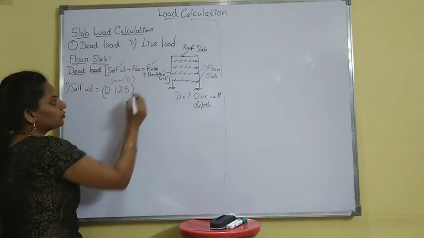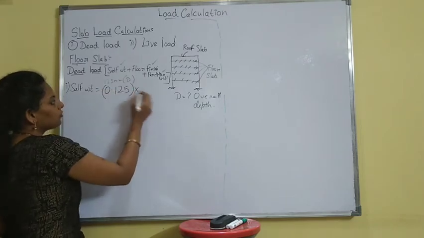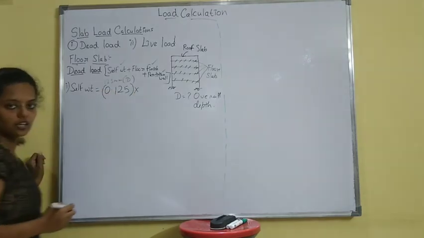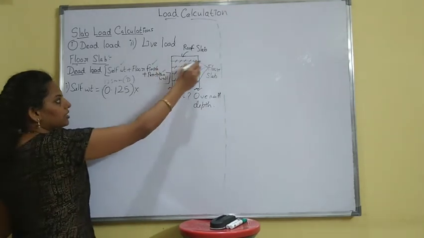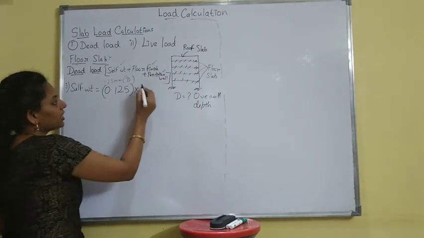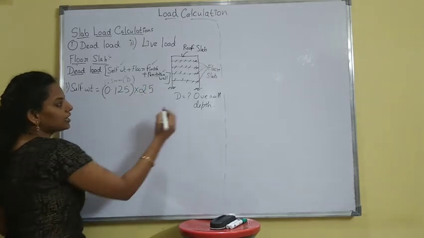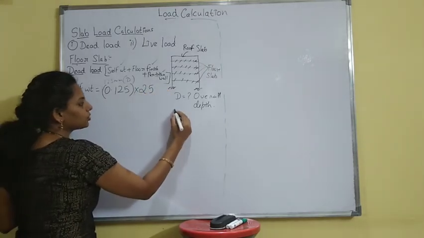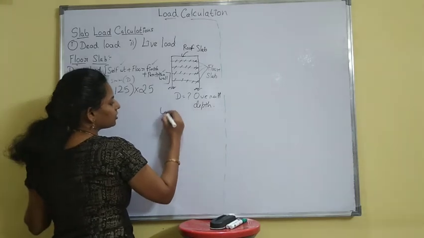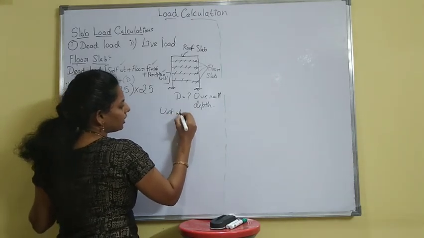So 0.125 you have to multiply by the density of the concrete. Here you are using concrete as the material, so the unit weight of concrete is taken as 25 kilonewton per meter cube.